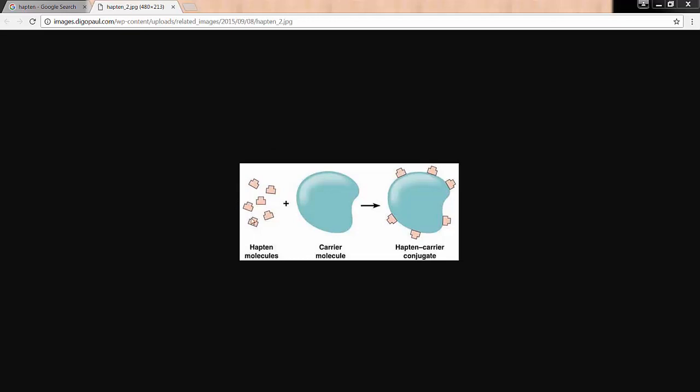So haptens are by themselves too small, but what they end up doing is they bind to a carrier molecule, oftentimes one of the body's own tissue components, and then that in combination with the hapten will trigger a response. So it's interesting how that works. So the hapten has to bind to a carrier, and then that becomes, in combination, able to act as an antigen.